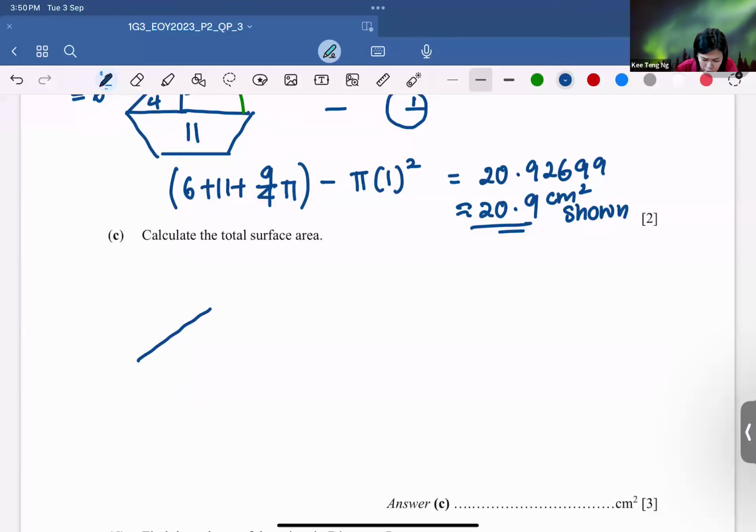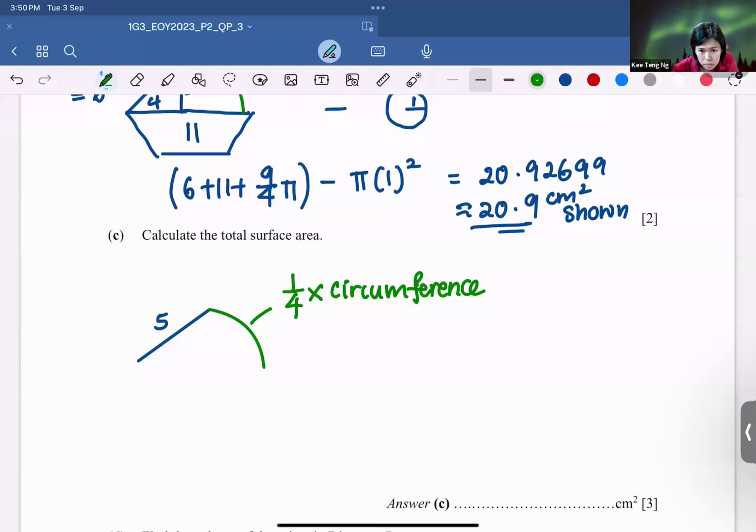I take 5 times 12, need to multiply to the rectangle. And this arc, this is 1/4 of the circumference. What is the formula for circumference? Nobody typed the answer for me again. Quick, quick, quick. What is the formula for circumference?